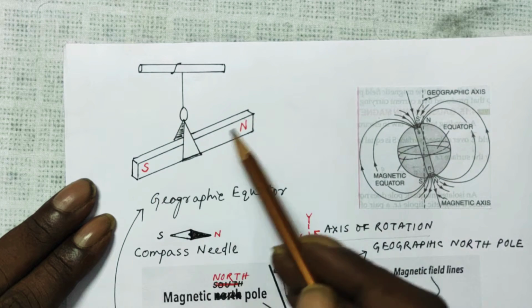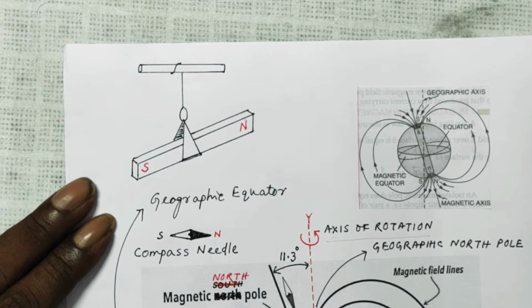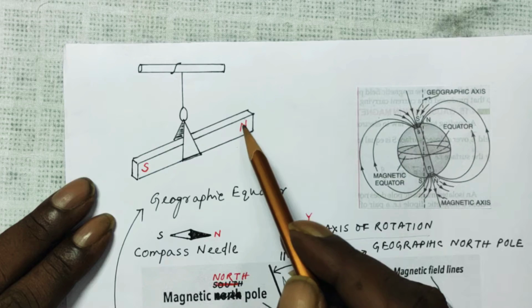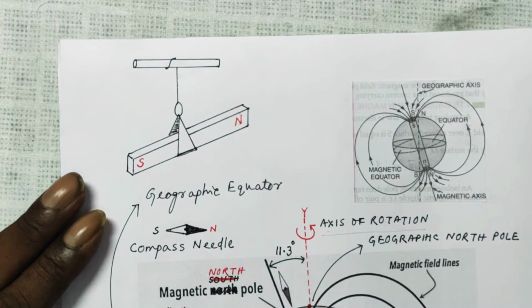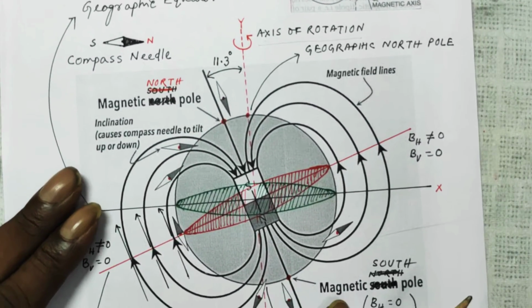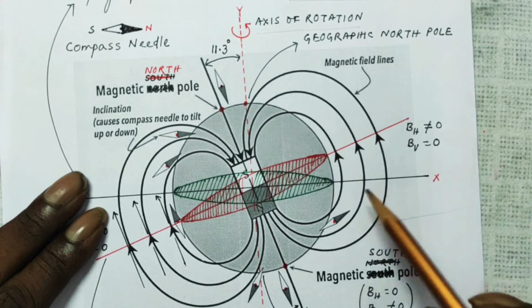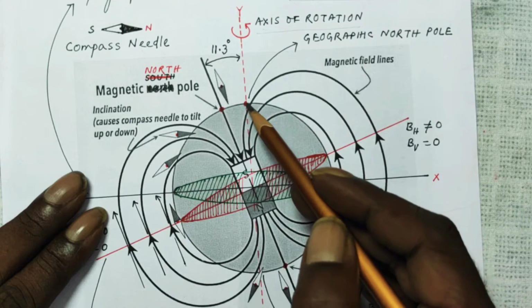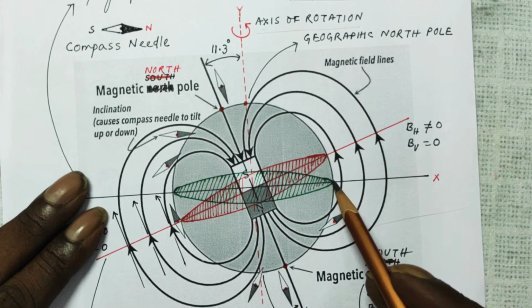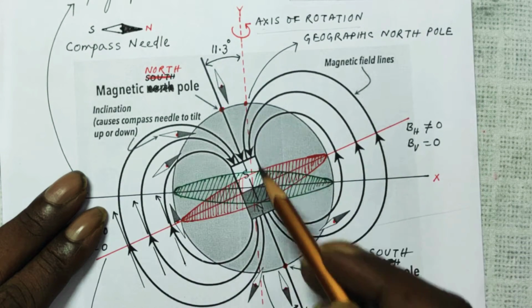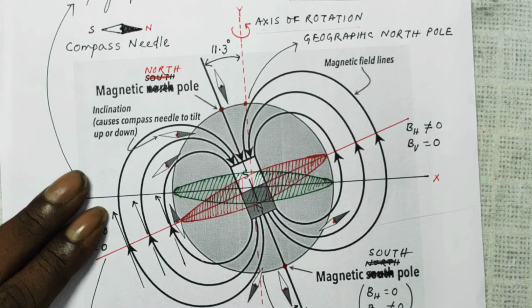This is a thread. This is a bar magnet suspended freely. Then the north pole of this bar magnet will not exactly point to this side, which is called north. This side is called east, west, north, south. Geographic east, west, north, south. East, west is a relative thing.